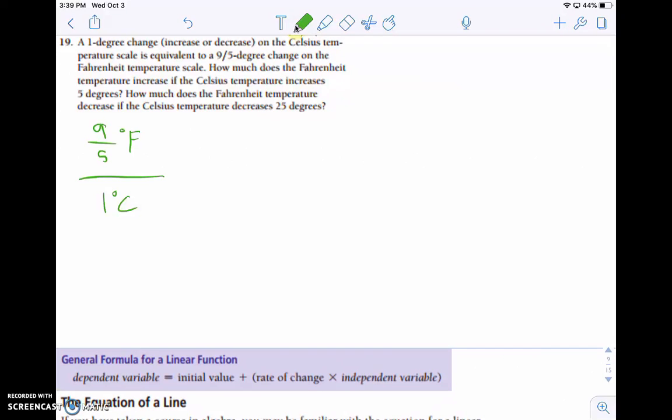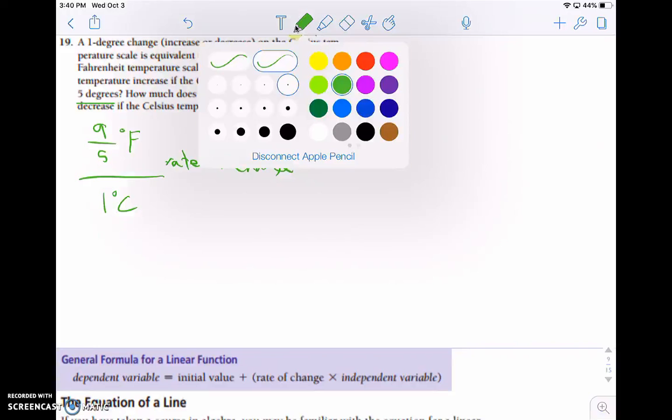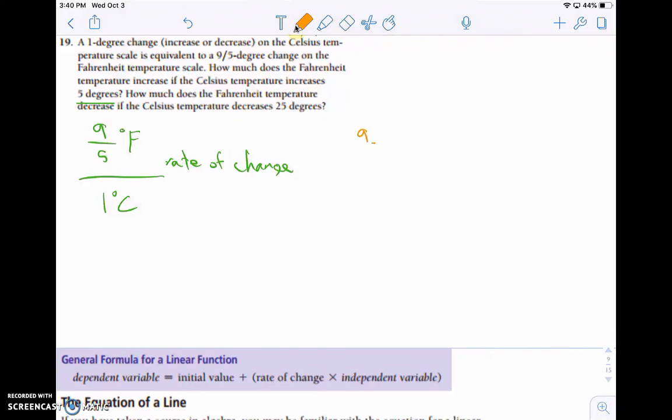And then we want to know, how does Fahrenheit temperature increase if the Celsius increases by 5 degrees. So again, this is our rate of change here. If it increases by 5 degrees, we take our rate of change, which is 9/5 degrees Fahrenheit over 1 degree Celsius, and we multiply that by an increase of 5 degrees Celsius.